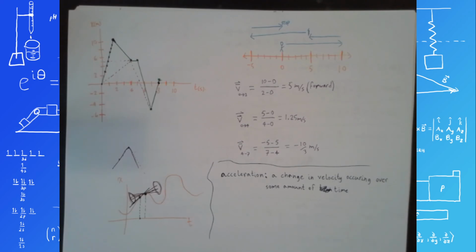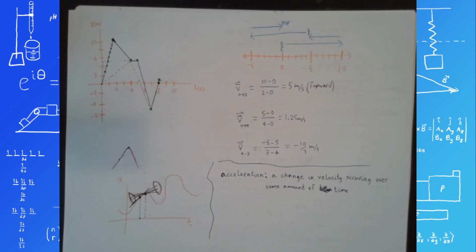So a change in magnitude, that's the easiest one to understand. If you step on the gas pedal of a car, you change the magnitude of your velocity. Assuming you're just moving straight, you're not changing direction, you just step on the gas pedal, then all you're doing is, I guess in the case of a car, increasing the magnitude of the velocity. And if you step on the brakes, that's also a type of acceleration.